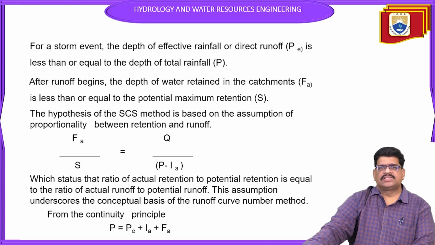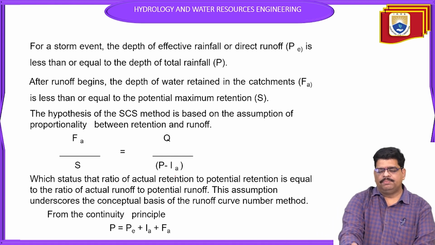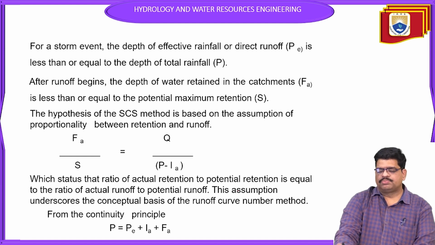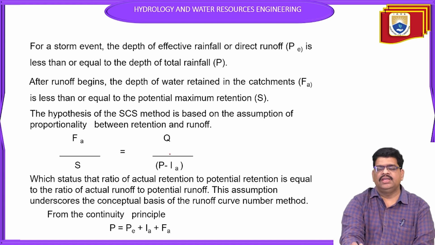runoff will be calculated. Let us see the formula for calculation of the storm. Fa by S is equal to Q by P minus Ia. Here S is the retention potential ratio, equal to that of the runoff. Here we want to calculate the discharge of the runoff.